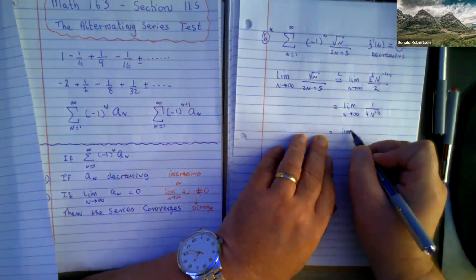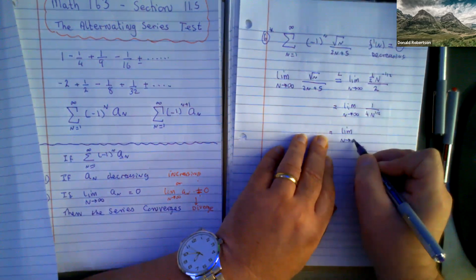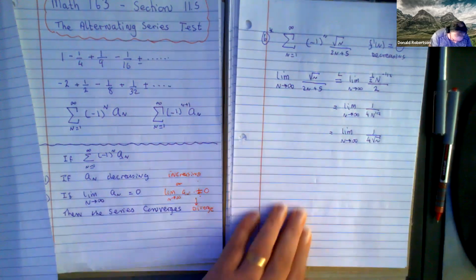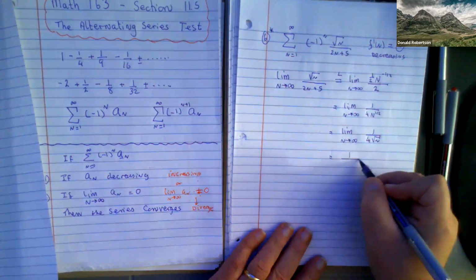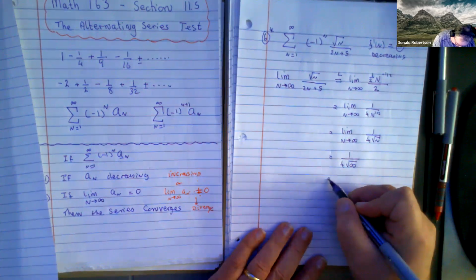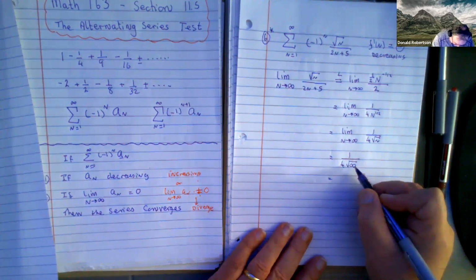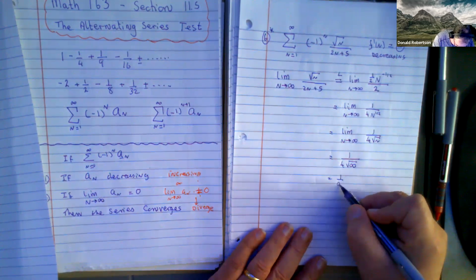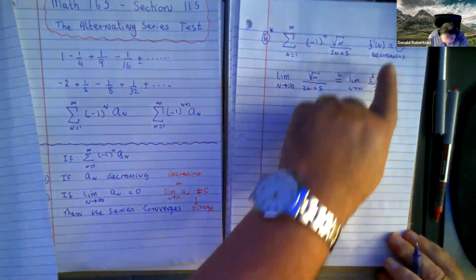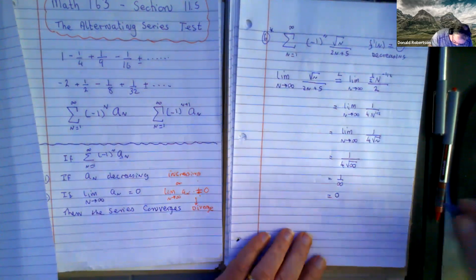I'm going to make that look a little bit prettier: 1/4 square root of n, and then just do brute force. The square root of infinity is infinity, 4 infinities is still infinity, 1 over infinity is 0. It decreases, its limit is 0.